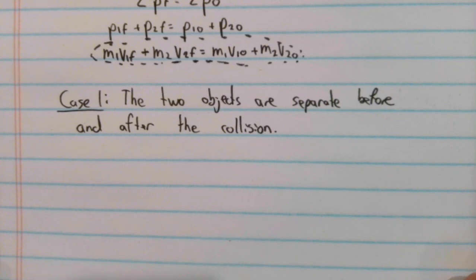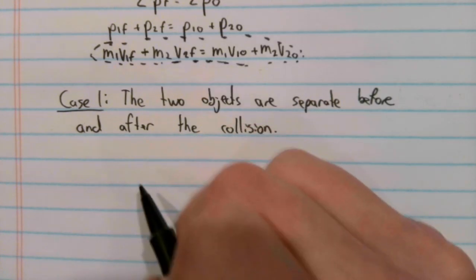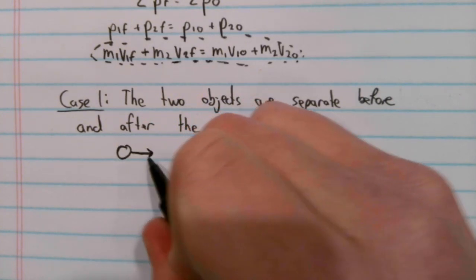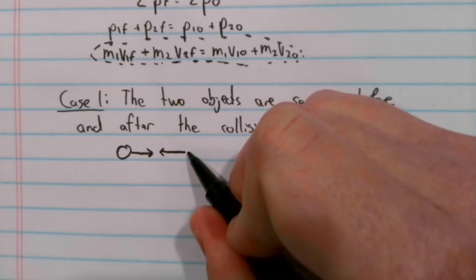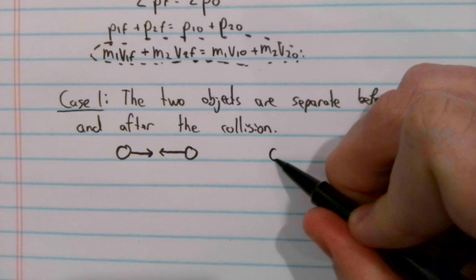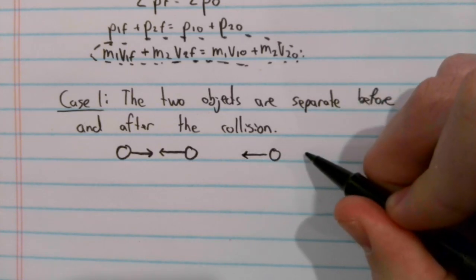Here's what that might look like. Maybe it's 2 billiard balls striking one another, moving inward at first, they collide, and they move in opposite directions.